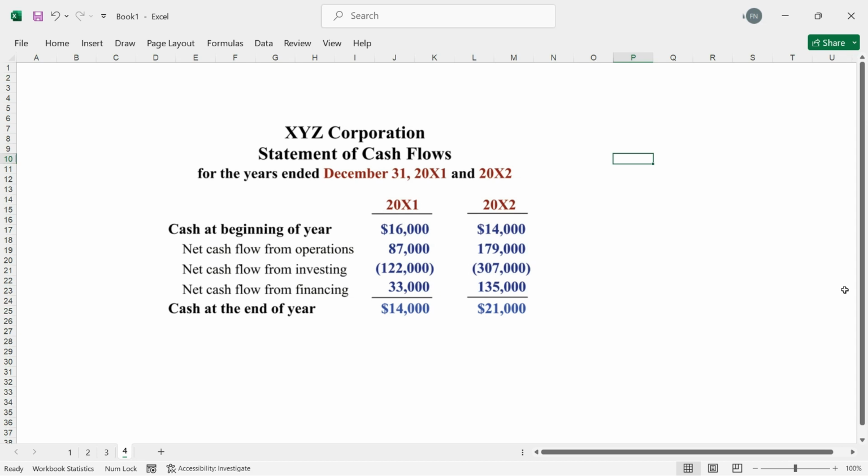Let's look at column 20x2 to show the activity during 20x2. In this particular case, we're going to show the cash at the beginning of the year, which amounts to $14,000.